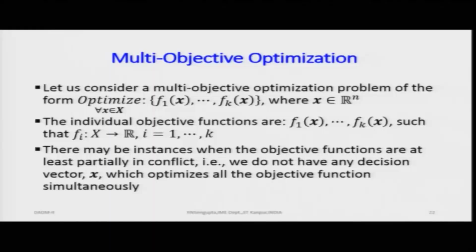So that is why we do not have any decision vector x which will optimize the objective functions in the best possible manner in all respects. That means it is able to maximize the positive values and minimize the negative values all at the same time, but I will try to find the best optimum solution.